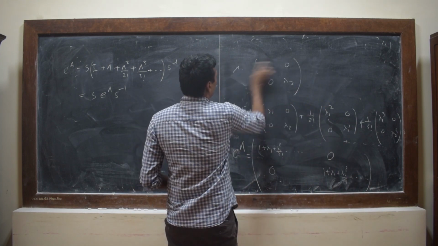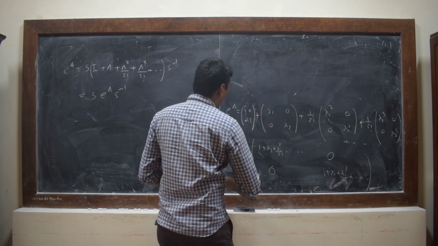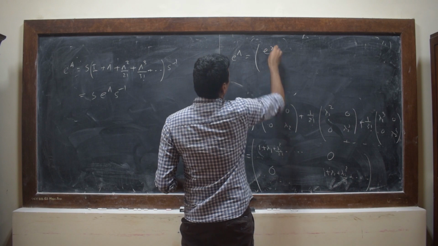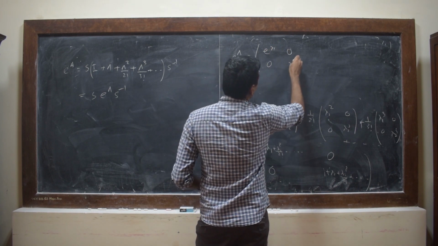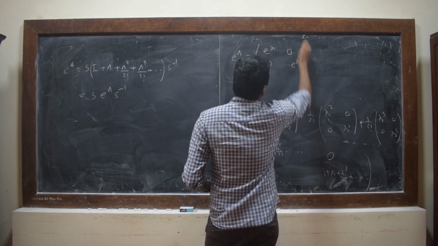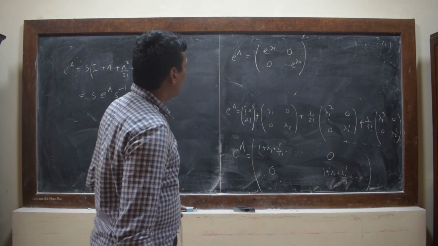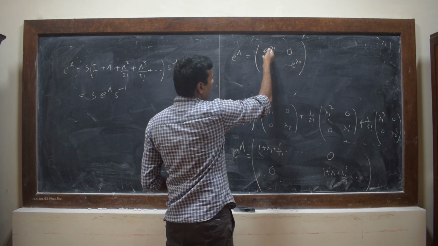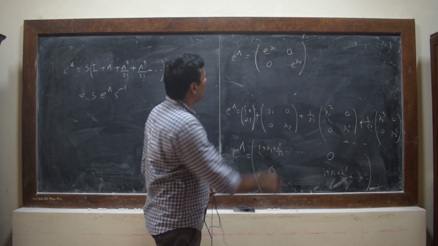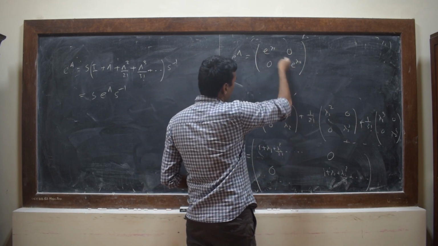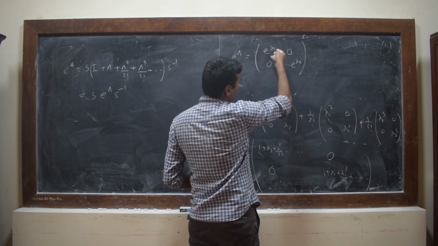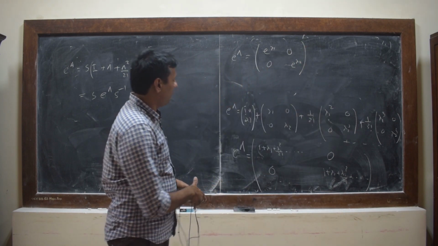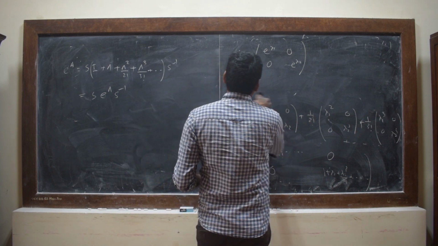You will get e raised to lambda is nothing but e raised to lambda 1 0 0 e raised to lambda 2. So if you take a diagonal matrix and exponentiate it, it will be just the exponential of the diagonal elements. If it is a 3 cross 3 matrix, you will have the diagonal e raised to lambda 1, e raised to lambda 2, e raised to lambda 3, and all other elements will be 0. All right.